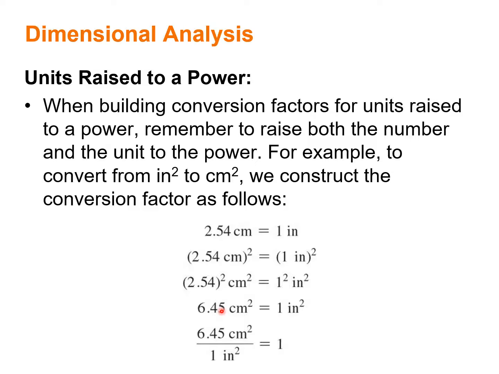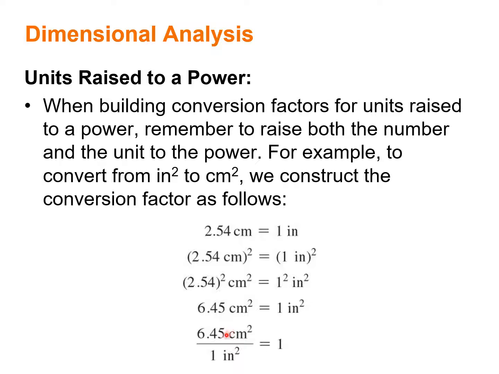And the unit of that 6.45 is actually centimeters squared, because whatever you do to the number, you also do to the unit. So here, when you take 1 and square it, you still get 1, but you also had to square the inch, so now it is inch squared. So this is 6.45 centimeters squared and 1 inch squared.